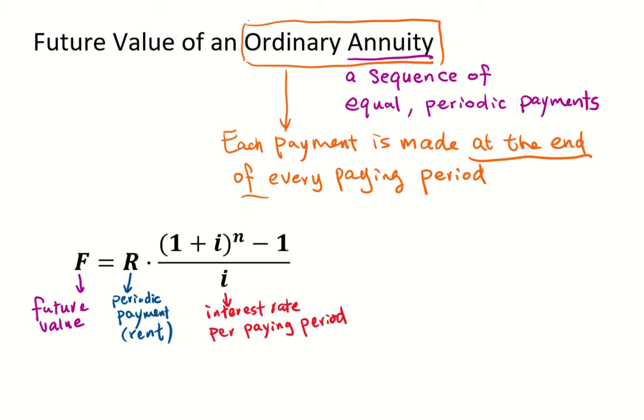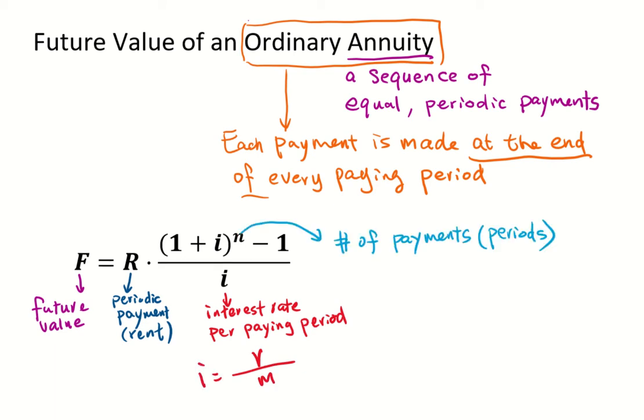It can be calculated as the annual interest rate, R, divided by how many times your interest is compounded per year, M, and N is the total number of payments, or the total number of paying periods for the annuity.